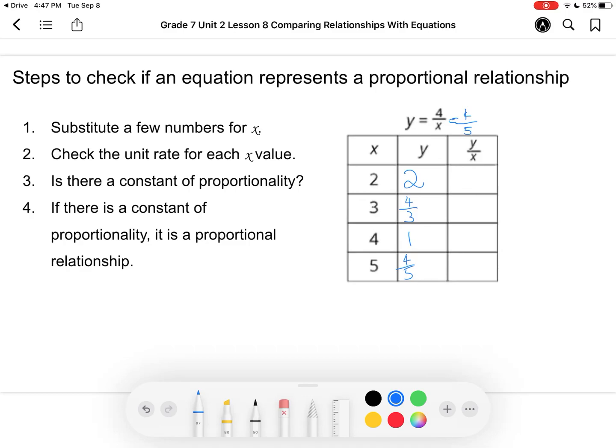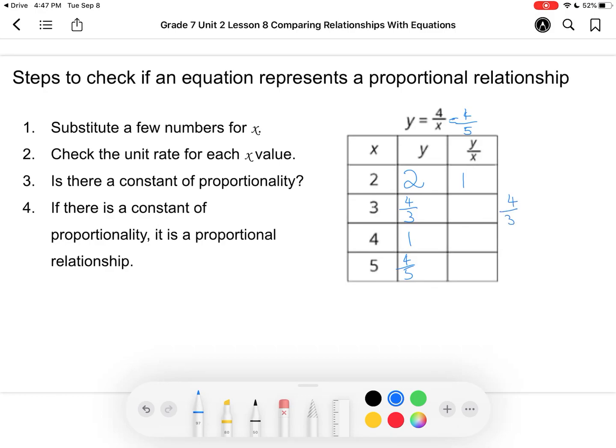And now let's divide y by x. So 2 over 2 is 1. 4 over 3 divided by 3 is 4 over 9.